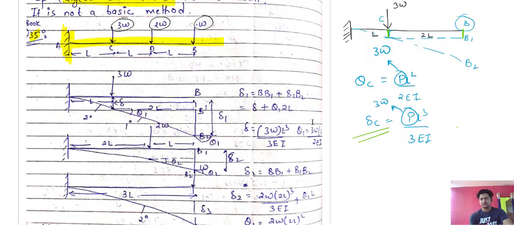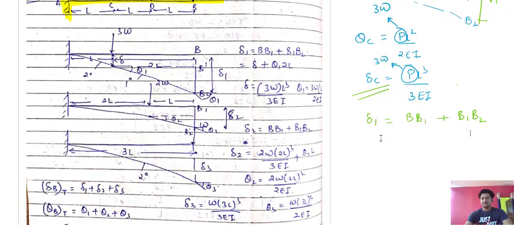This deflection at C will be equal to the B to B1 value, and let this value be delta 1. So for calculating the value of delta 1, the answer will be BB1 plus B1B2. I hope this point is clear.